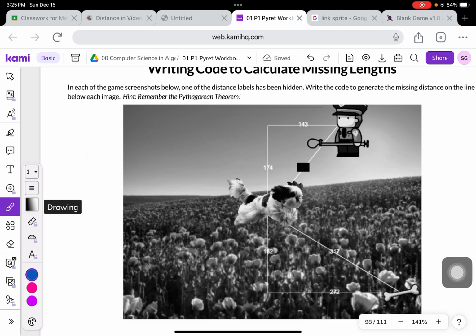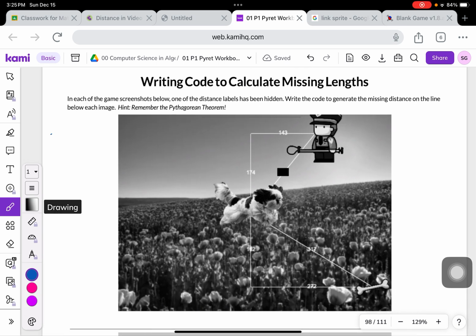That's on your reference sheet. It's a squared plus b squared equals c squared.